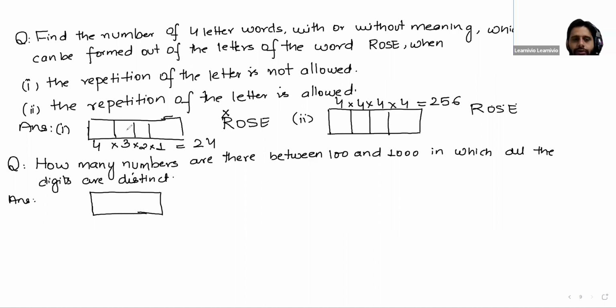Okay, Rishan, then we will start this question. Krishna, 720? No, Krishna, that's not correct.